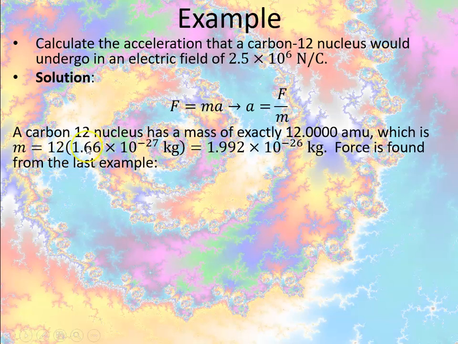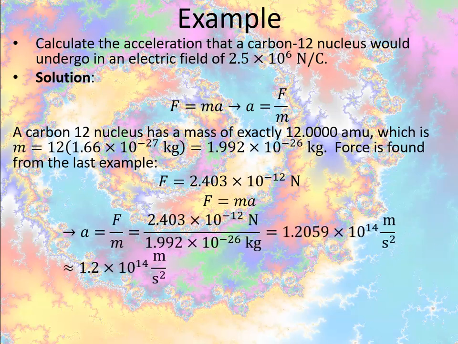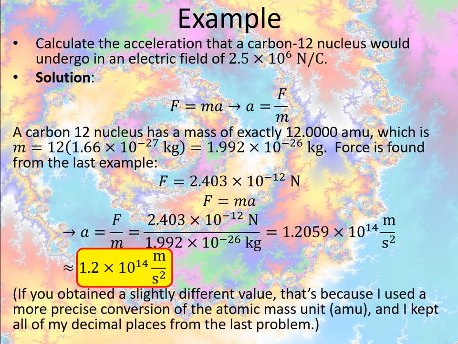So I plugged in the atomic mass unit right here to give us the mass of a carbon-12 nucleus. And now, since we already calculated that force in the previous example, then solving for the acceleration that such a nucleus would experience, we get 1.2 times 10 to the 14 meters per square second.